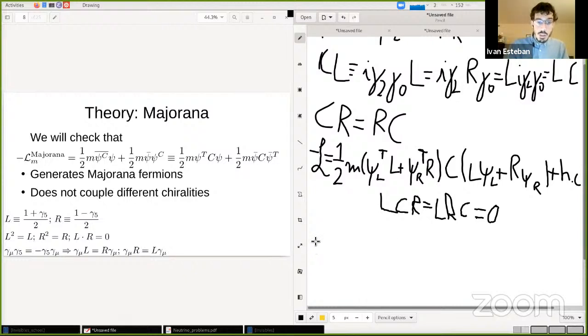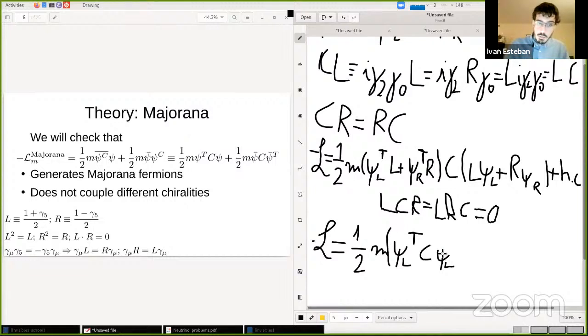And so minus the Lagrangian will be 1/2 of m psi left transpose C psi left plus psi right transpose C psi right, plus the Hermitian conjugate.